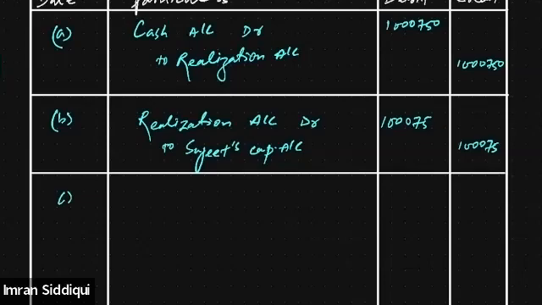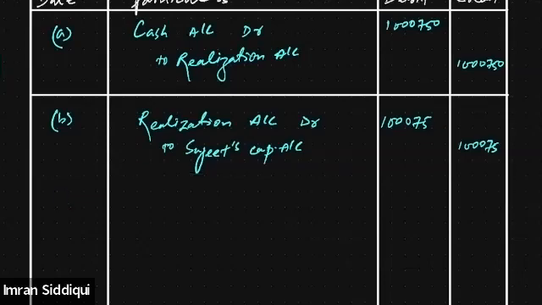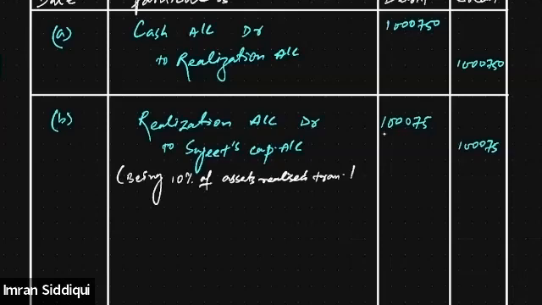So for this, the narration will be: being 10% of realized assets paid to Sujit, transfer to Sujit. This way you will be writing down the narration of this particular adjustment.